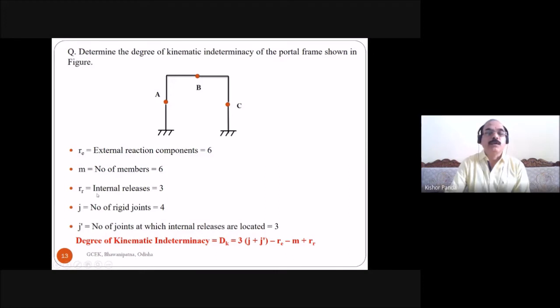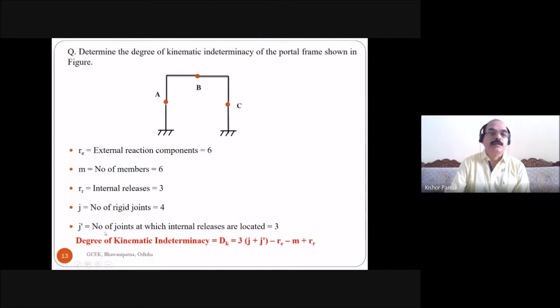Then how many internal releases? This is an internal hinge, meaning here one internal release. This is an internal hinge, meaning here one internal release, and here also one internal release. So 3 internal releases. Then the number of rigid joints: this is 1, this is 2, this is 3, and this is 4. 4 rigid joints.